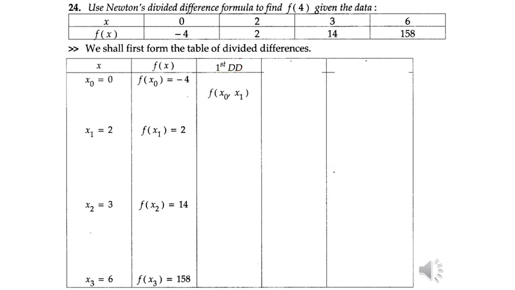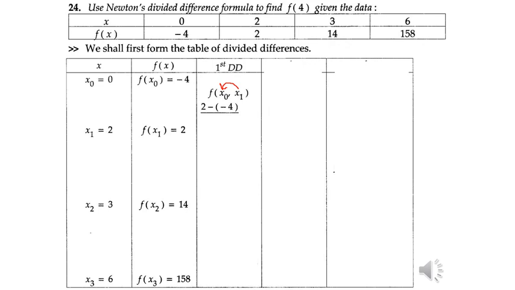See, the first divided difference denoted by f of x0 comma x1 can be found as follows. It will be f of x1 minus f of x0, that is 2 minus of minus 4, divided by x1 minus x0.